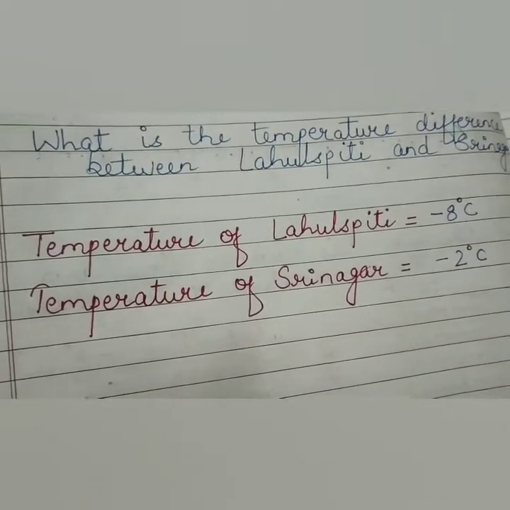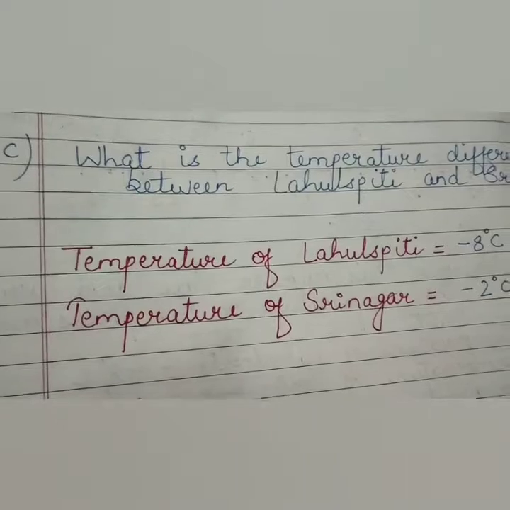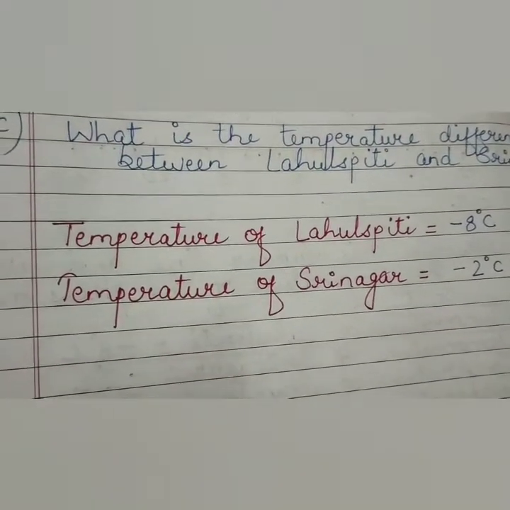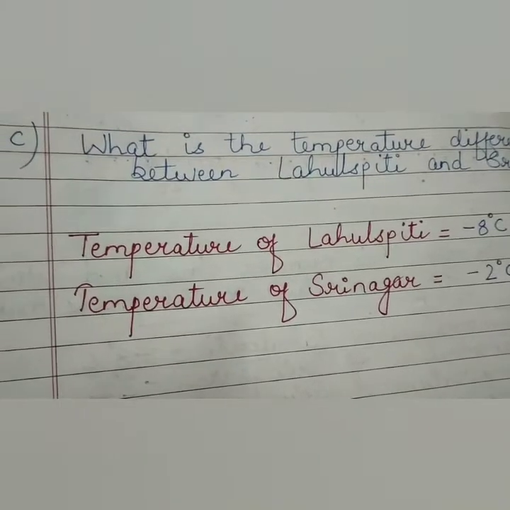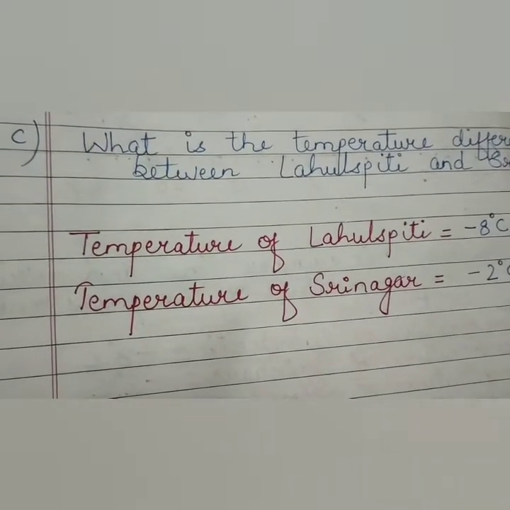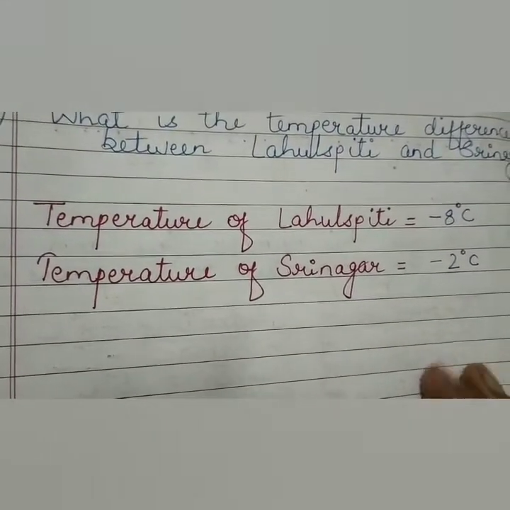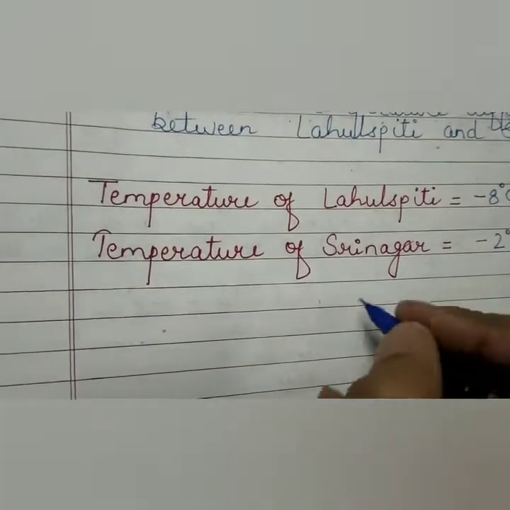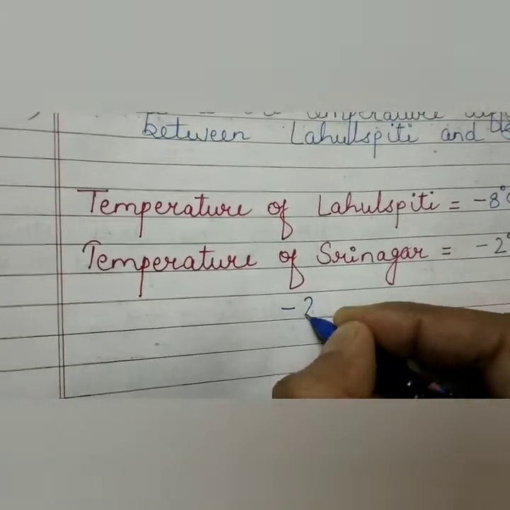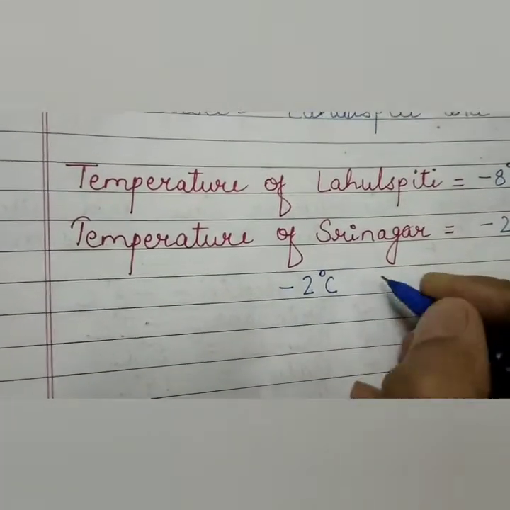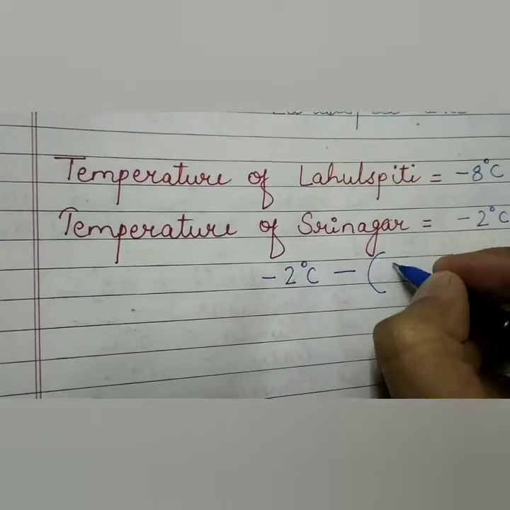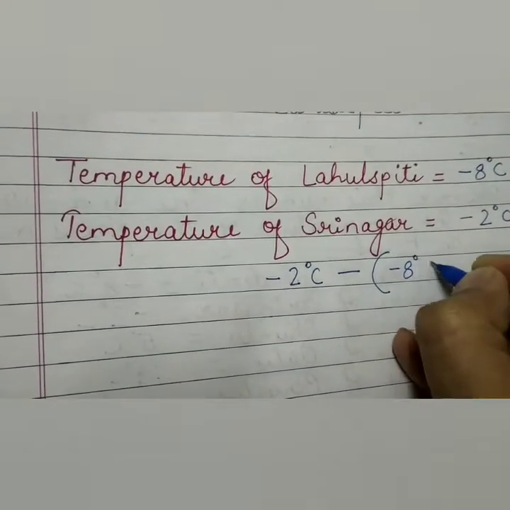Now, before also I told you all that when we are doing subtraction, firstly we will write the greater value, subtraction sign, and then write the smaller value. Now just now we have discussed that among these, minus 2 degrees Celsius is the greater value. So we will write minus 2 degrees Celsius, minus sign, bracket, minus 8 degrees Celsius.